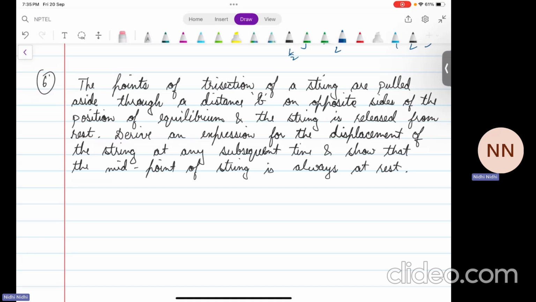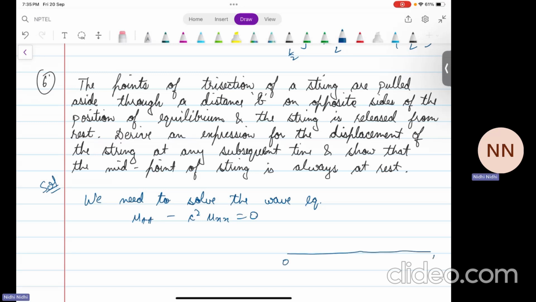So basically we need to solve the wave equation, u_tt minus c square u_xx is equal to 0, along with some conditions. Now let's understand what those conditions will be. We are given that we have a string of length L. So this must be its position of equilibrium.